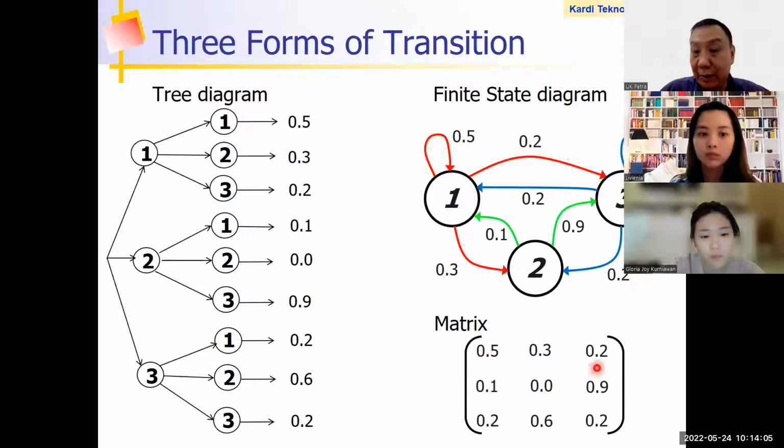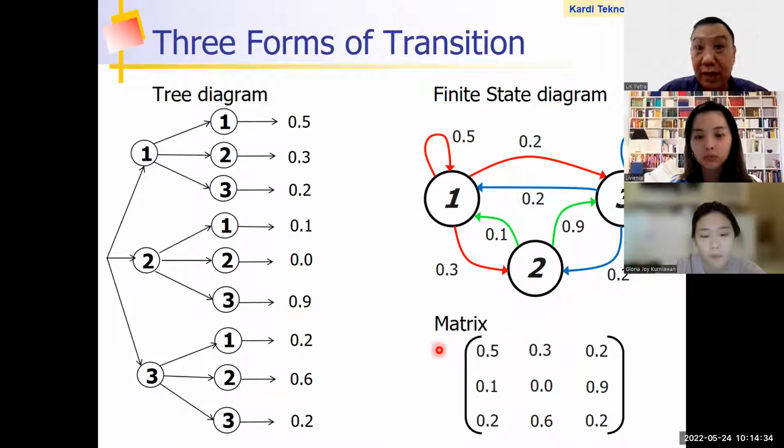For example, this is the matrix. You see here, the row represents the current state, today, and the column represents tomorrow. In this example, we have 3 states, 1, 2, 3, or A, B, C. So for example today is state 1, row 1 here.